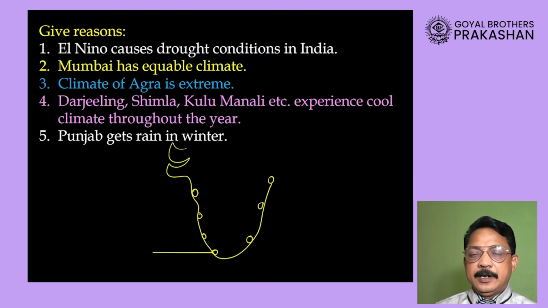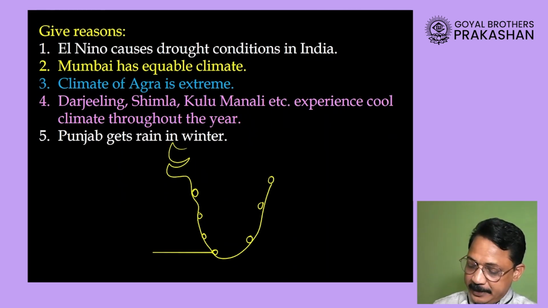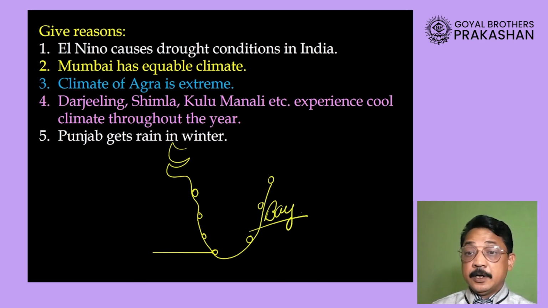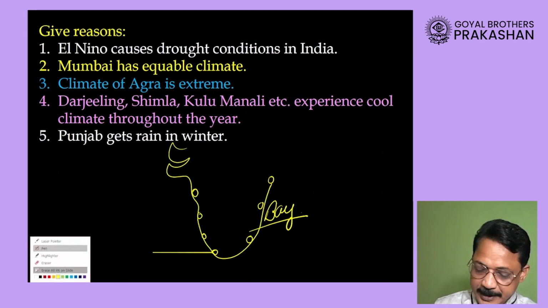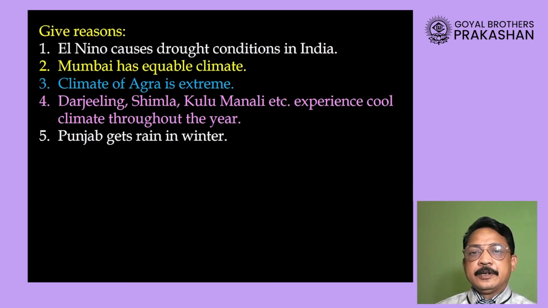Chennai has equable climate. The answer is same, because Chennai is located on the seashore, that is on the Bay of Bengal seashore, therefore it also experiences the moderating effect of the sea. So instead of the name Mumbai, if the name of any coastal city comes, dear student, the answer will be same.